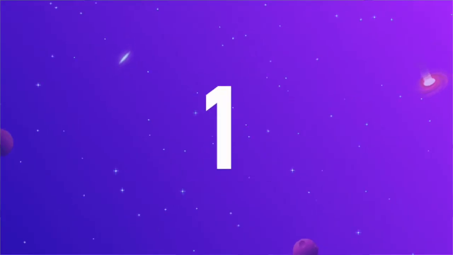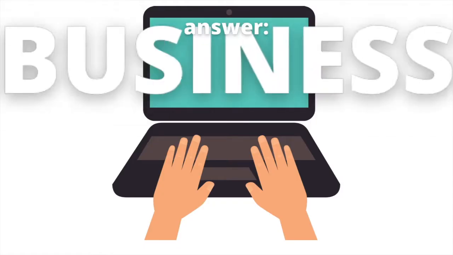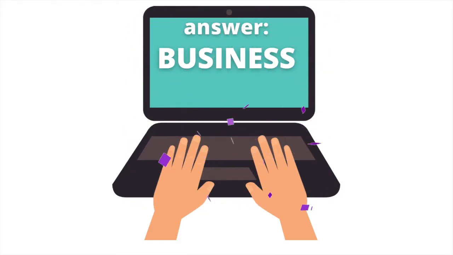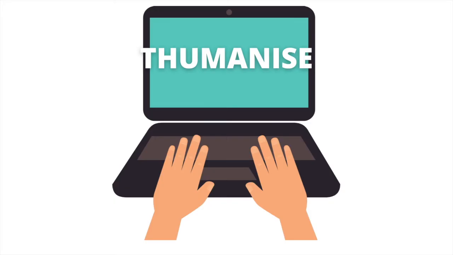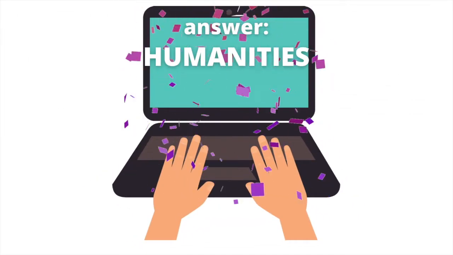I will give you 5 seconds each. Let's start with the number 1 word. 5, 4, 3, 2, 1. Correct! It's business. Second word, it's a bit harder than the first one. 5, 4, 3, 2, 1. You got it right. The answer is humanities. And for the next word, it's a little bit more complex.